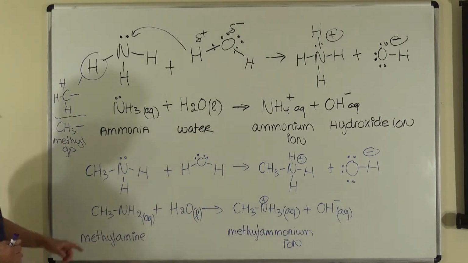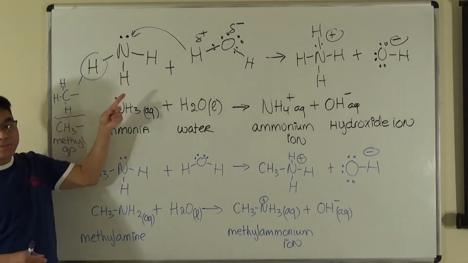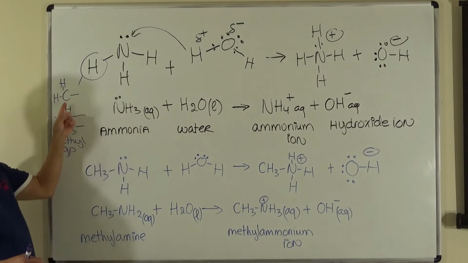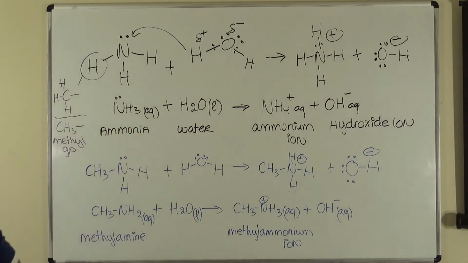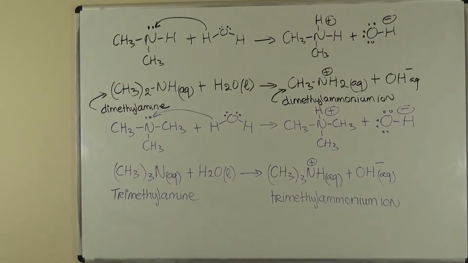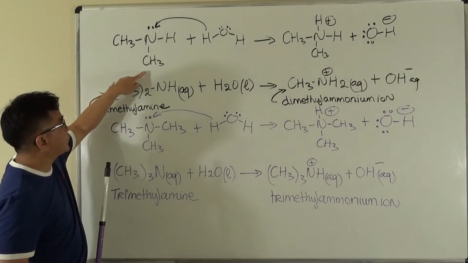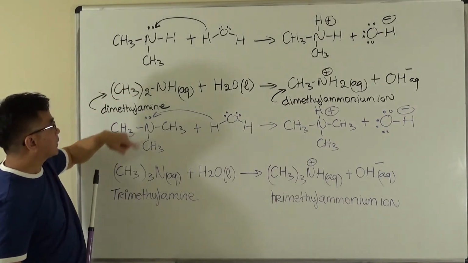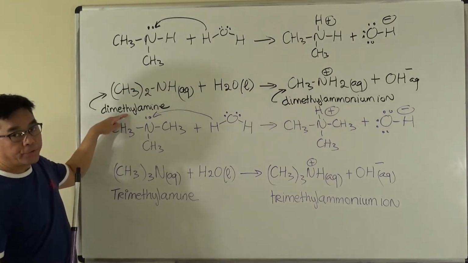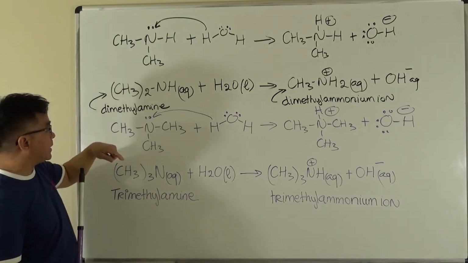Now what happens if we replace the other hydrogen also with some group like another methyl group? Let me just write it down for you. If you replace two hydrogens with two methyl groups, it becomes dimethylamine, where di means two methyl groups.